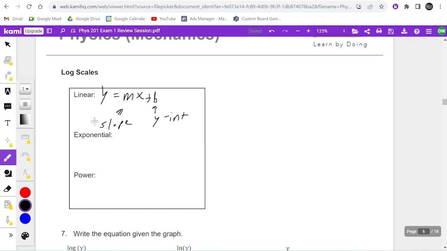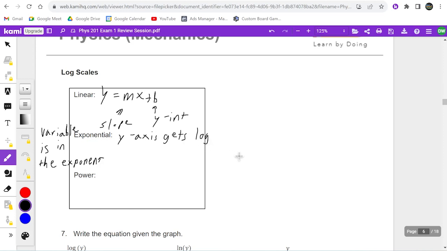Exponential. First thing I need to say about exponential is that the variable, like x or whatever your variable is, is in the exponent. It's actually in the exponent. That's why they call it exponential. And what's famous for the exponential is that the y-axis gets the log.